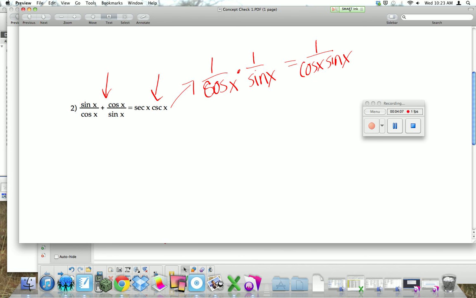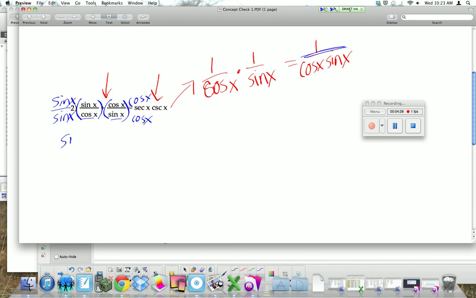But the left-hand side, I need to get common denominators and make these fractions into 1, because again, I have 1 fraction over here. So I see the common denominator will be sine and cosine because I need both of them. So I multiply the first fraction by sine over sine. I multiply the second fraction by cosine over cosine. And I simplify.